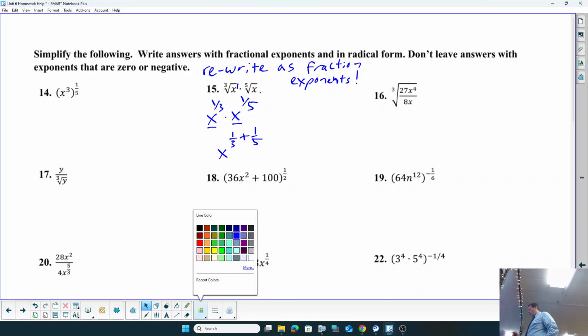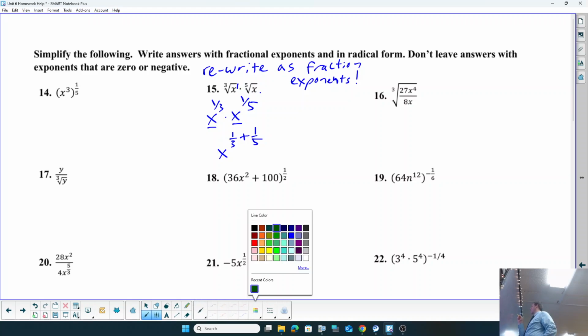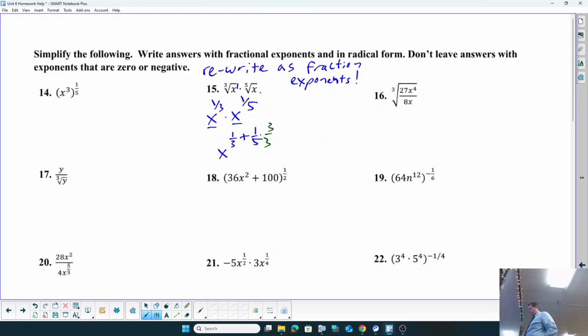If you times it by 3 to the top and bottom, and times it by 5 to the top and bottom, then you get x to the 5 times 1 is 5/15 plus 3 times 1 is 3/15. So we get x to the 8/15.